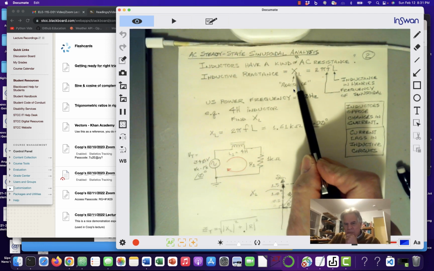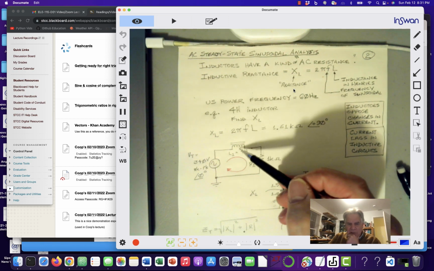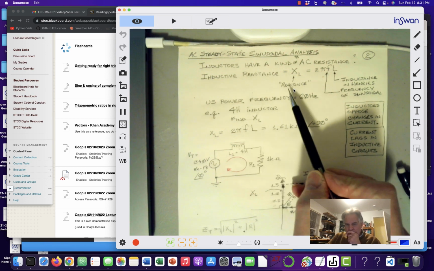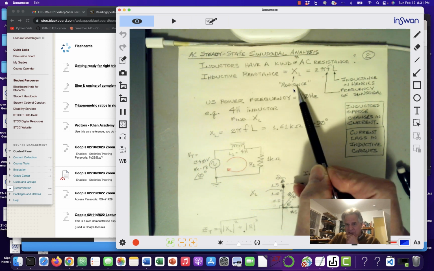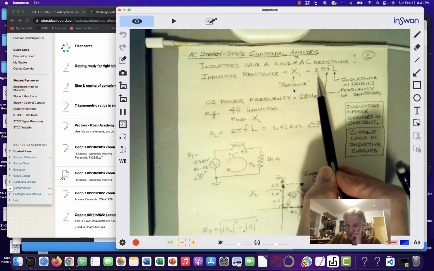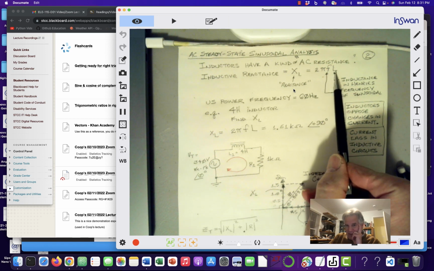Since inductors are signified by an L reference designator, X sub L is the inductive reactance, and we can compute it. It's equal to 2 pi times the frequency of our sinusoid times the amount of inductance in the inductor.